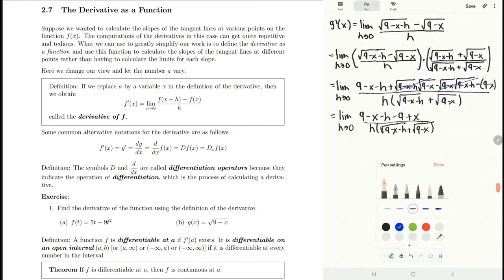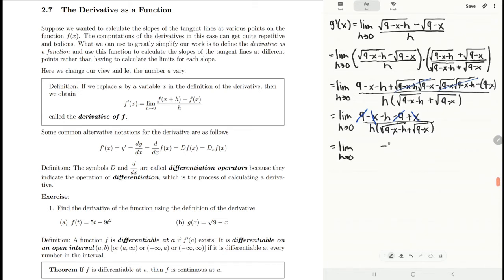Now let's simplify further. We have positive 9 and negative 9. We have negative x and positive x. So we are left with a negative h in the numerator. And that's all divided by h times root 9 minus x minus h plus root 9 minus x.